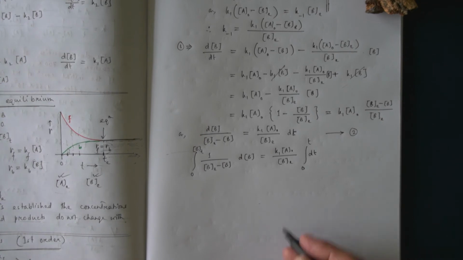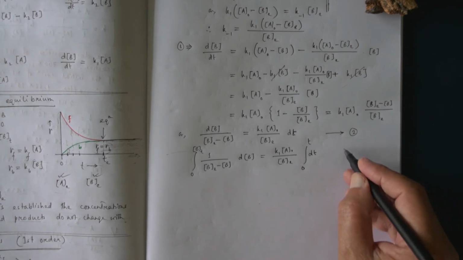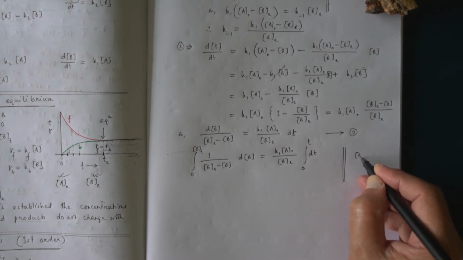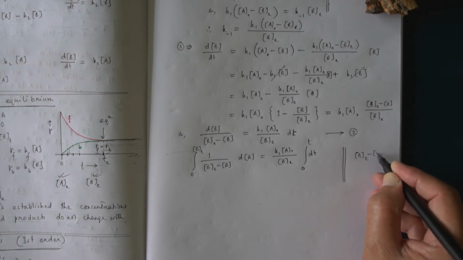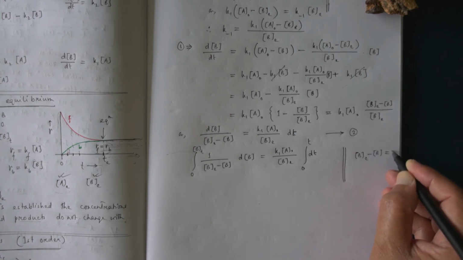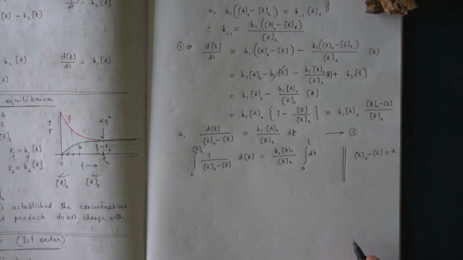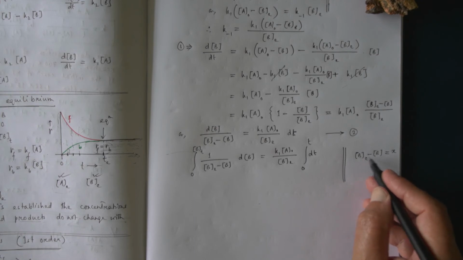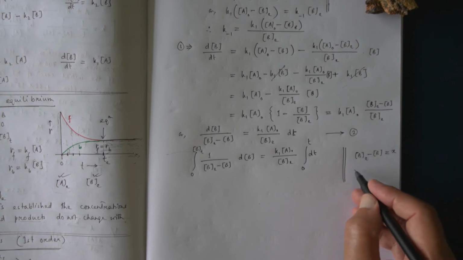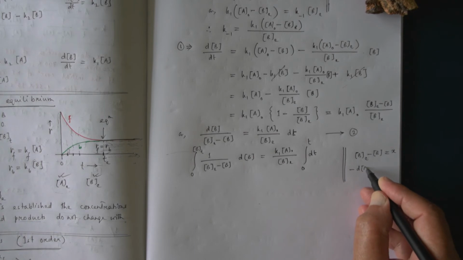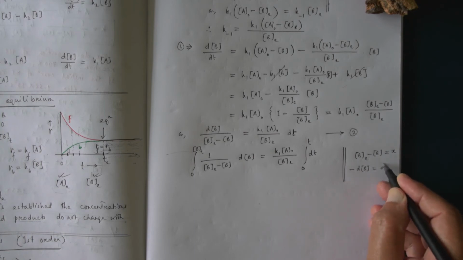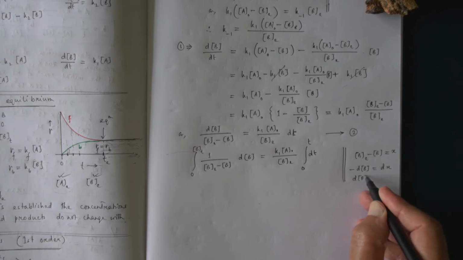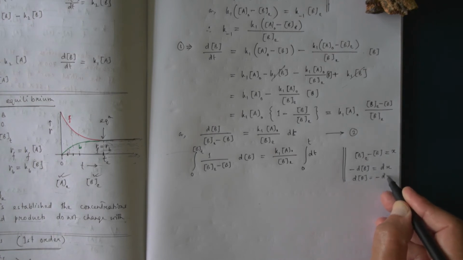Okay, now this side. Let me show you the integration. Suppose we write it like this: be minus b equal to x. Then differentiating, this is constant so 0, so minus db will be equal to dx, or db will be equal to minus dx.